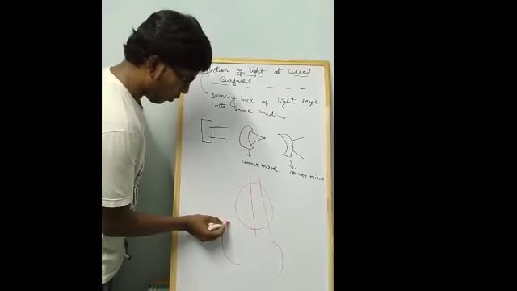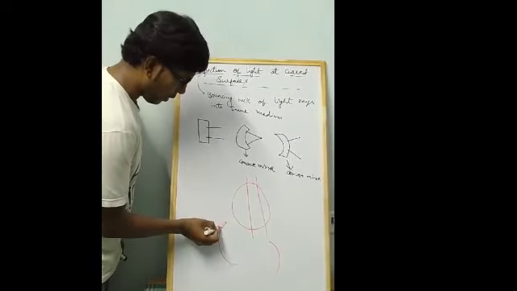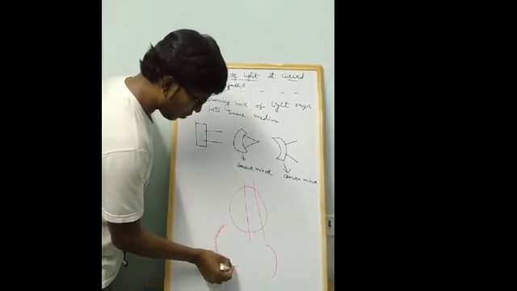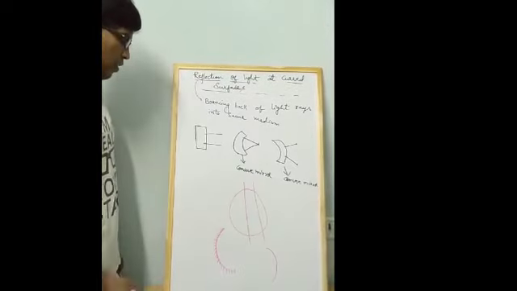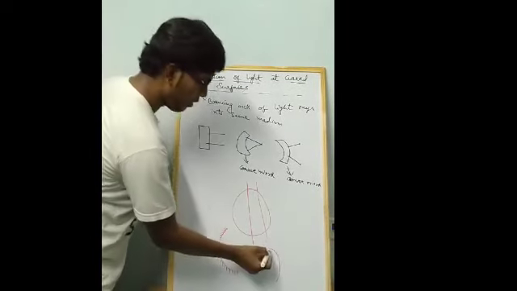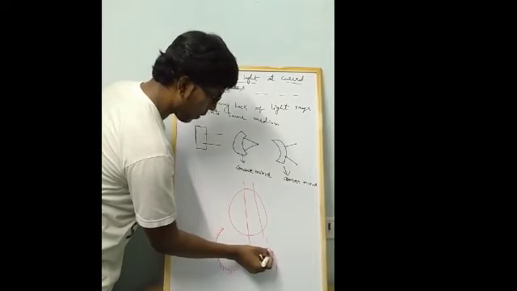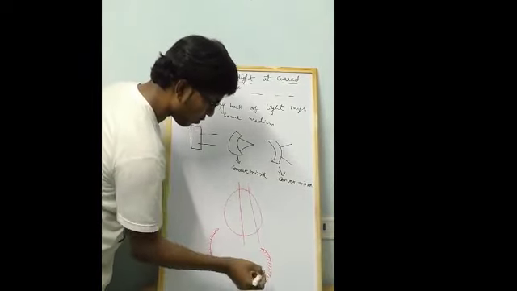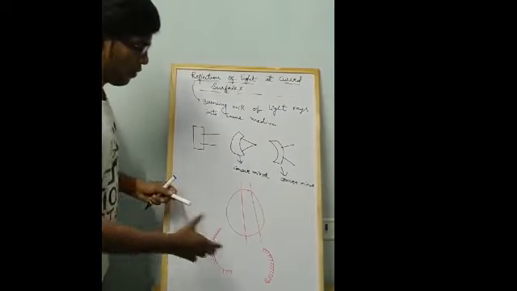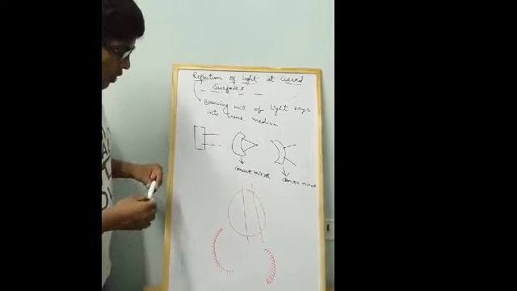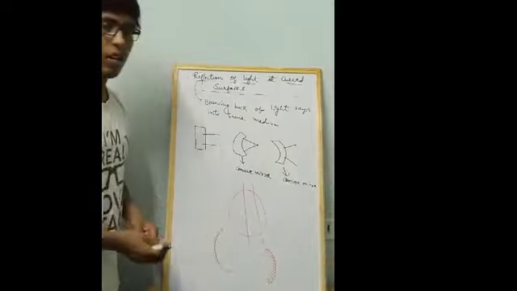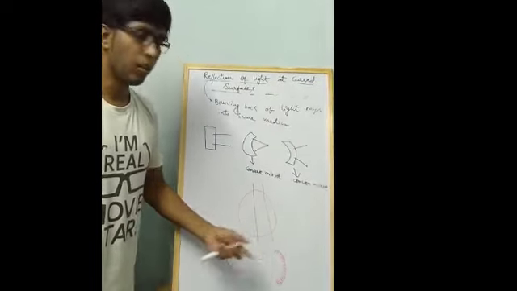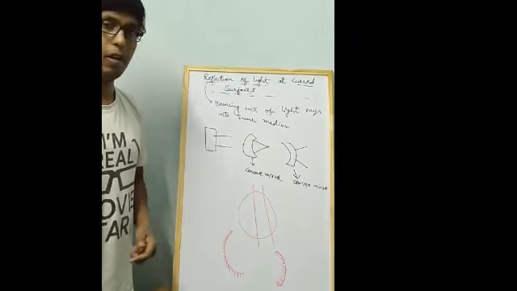If I apply paint on the outer surface of this curved part, and apply paint on the inner surface of the other curved part, then these two parts, these two surfaces, give us the curved mirrors.